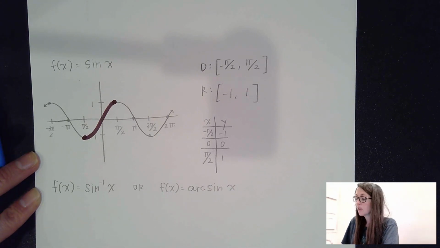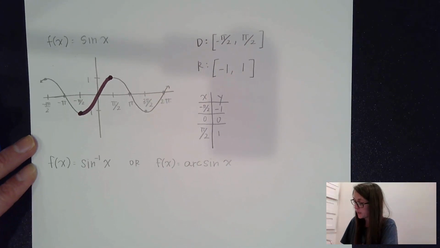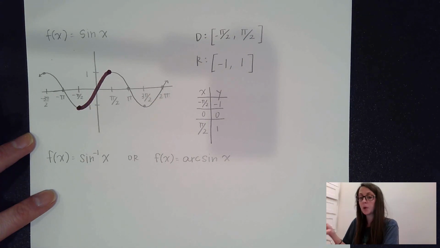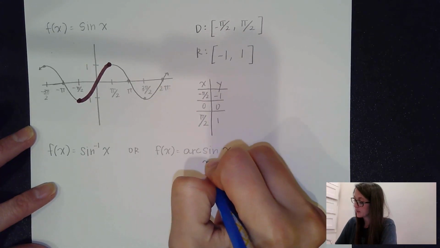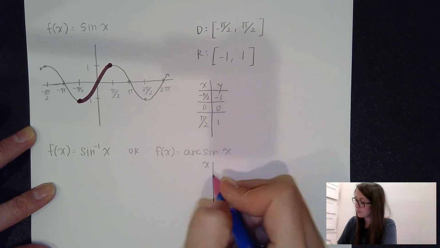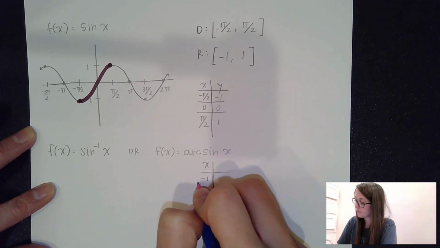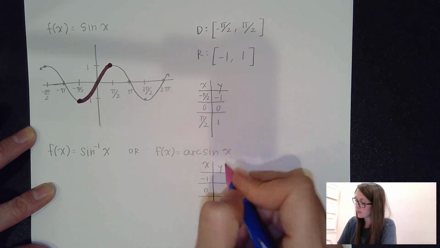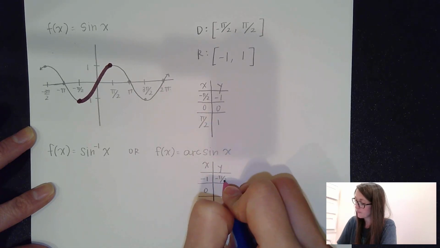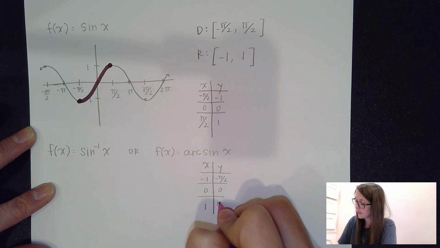Okay, so when we do this, what happens? Remember, your x values become your y values and your y values become your x values. So here I'm just going to flip-flop these. My x's now are going to be negative 1, 0, and 1, and my y values are going to be negative pi over 2, 0, and pi over 2.